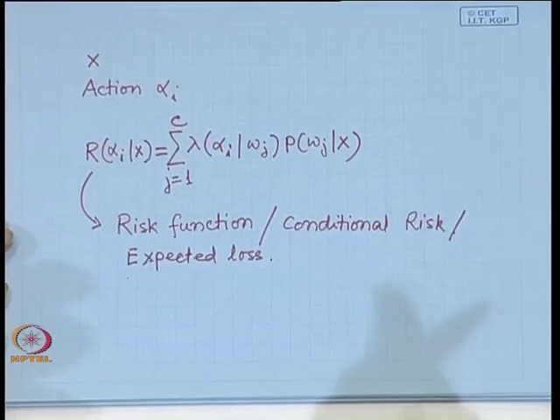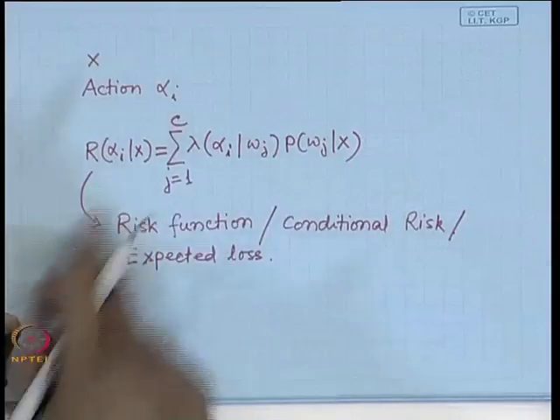So for any decision or any action alpha i that I have to take, I have to take that particular action for which this risk, or the expected loss, is minimum. Unlike in the previous case, where we used only 2 classes and our decision was taken in favor of the class which gives us minimum error, that is, if I decide in favor of omega 1, I make sure the error is minimum, which is nothing but p(omega 2 | x).